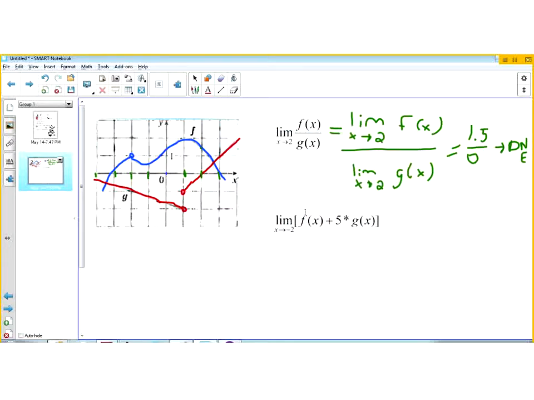Based on the limit laws, we can take the limit operator and distribute it term by term. So this would equal the limit as x approaches -2 of f of x plus the limit as x approaches -2 of 5 times g of x.